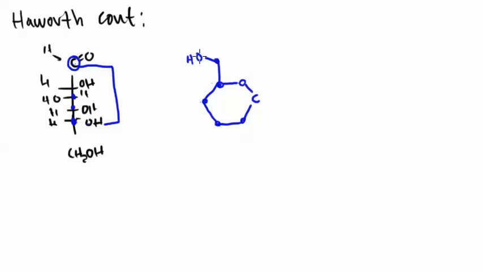Now there are some definitions that we need to talk about with this structure. We said that this was the Haworth projection. That's what we formally call that structure. Something else that we need to talk about is this carbon here. This carbon is very special. The reason we call it special is because this was a carbon that's double bonded to an oxygen.